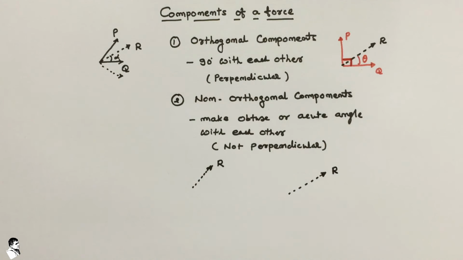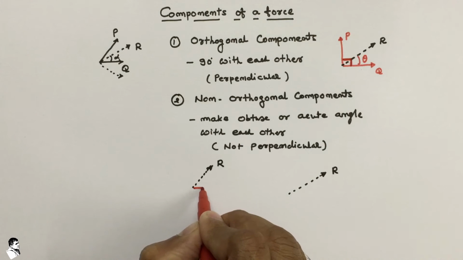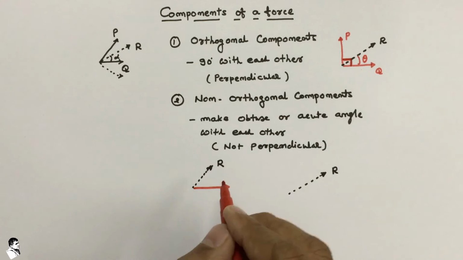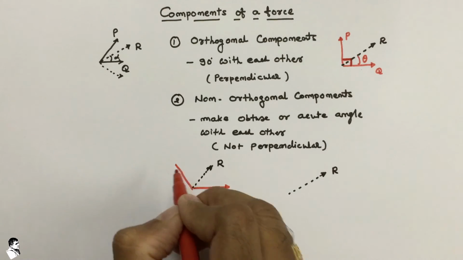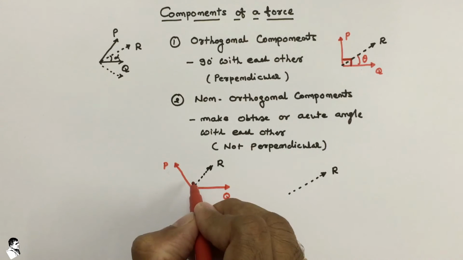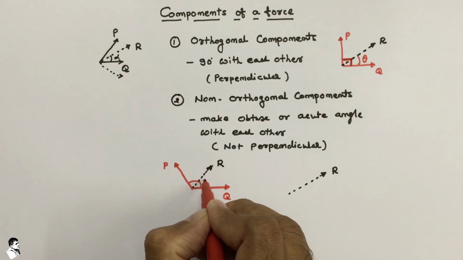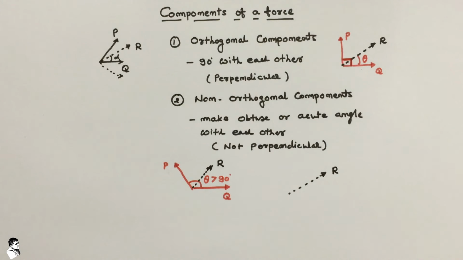In the first type, the angle between the two forces, theta, is more than 90, so these components are like this, and this angle theta would be more than 90 degree.